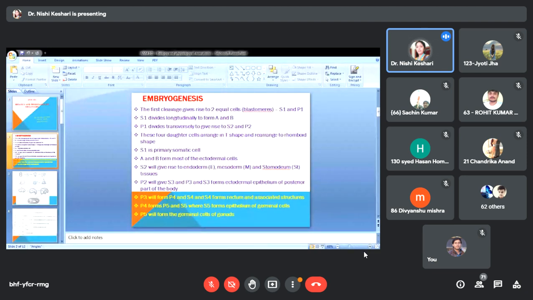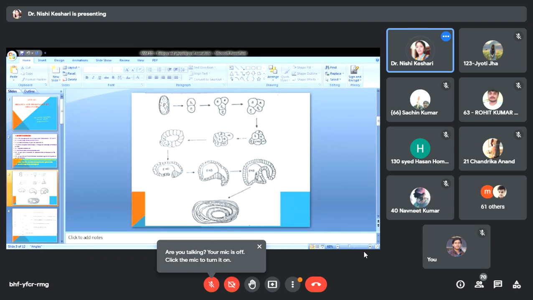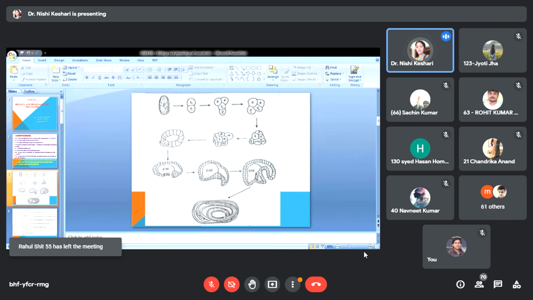Then what happens? First you see this diagram, then you will understand. So this slide is visible. I have shown you the cell division. This is a single celled egg, which is already fertilized in the female body.